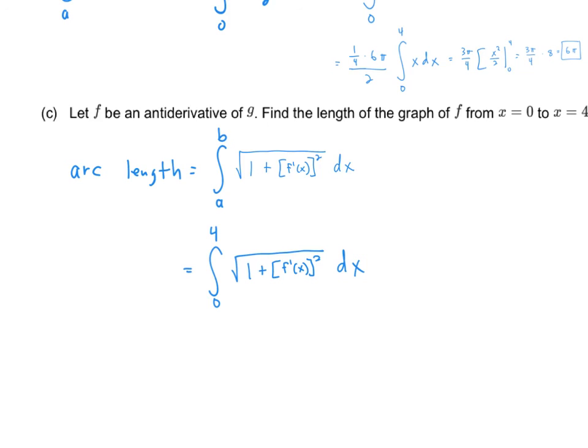Okay, and if f is an antiderivative of g, that means g has to be the derivative of f. So this derivative of f becomes g. And it's just g, not g prime.